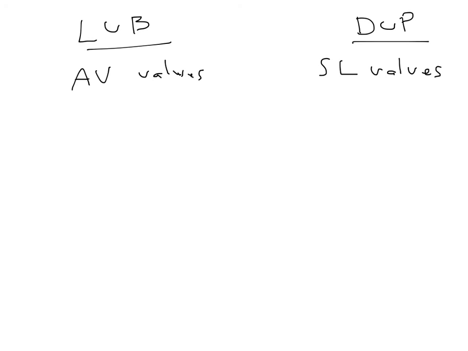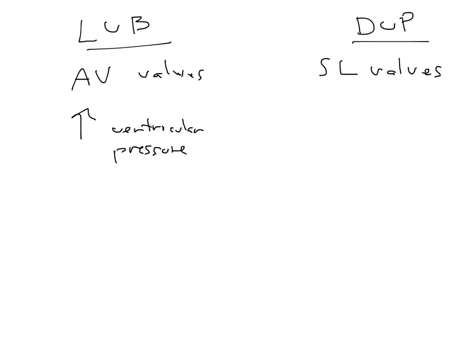As to when the lub sounds, when and why do those AV valves close? This is due to an increase in ventricular pressure. As the ventricles fill with blood, eventually there's a signal for the ventricles to contract.